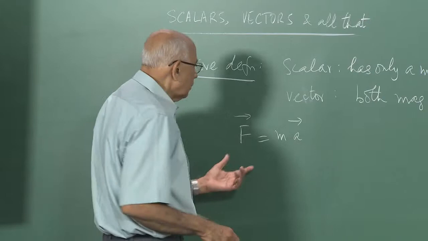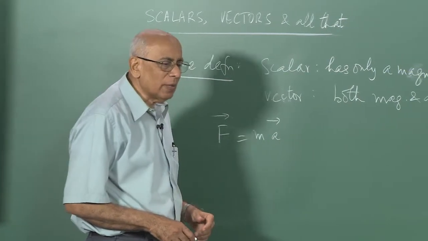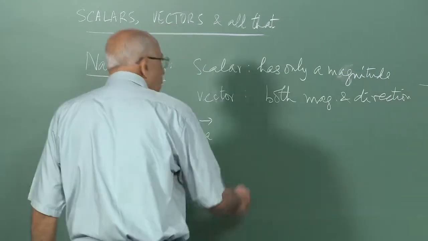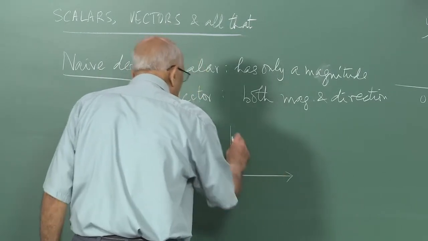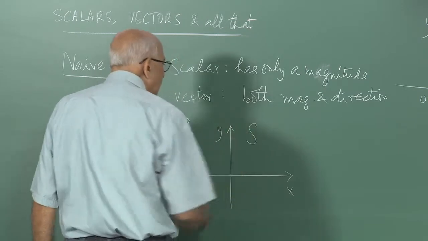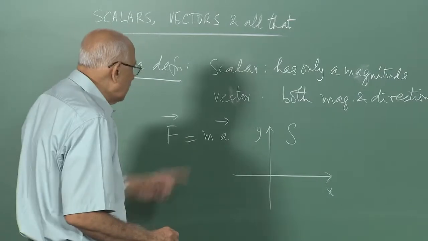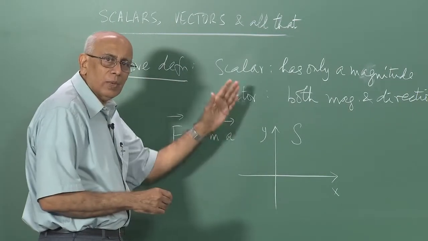Now the question is, these directions of f and a are specified obviously with respect to some fixed coordinate system. So here is my coordinate system, and let us for the simplest case look at just two dimensions. Here is x and y, and my coordinate system, let me call it S, my fixed coordinate system here. And in this coordinate system, this quantity f has two components, an x and a y component.